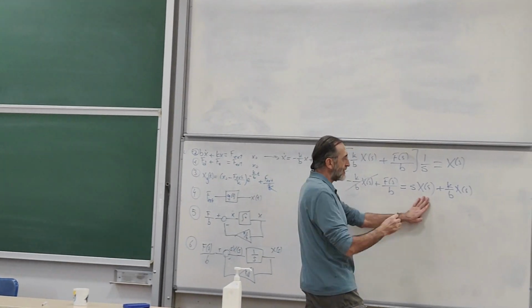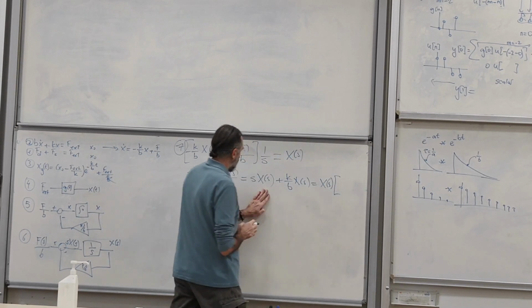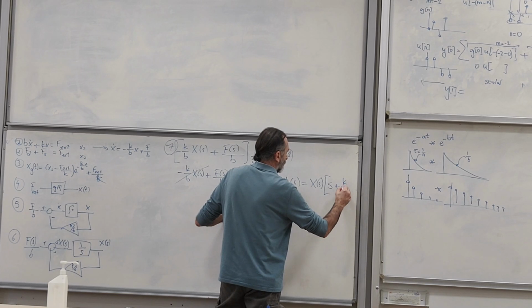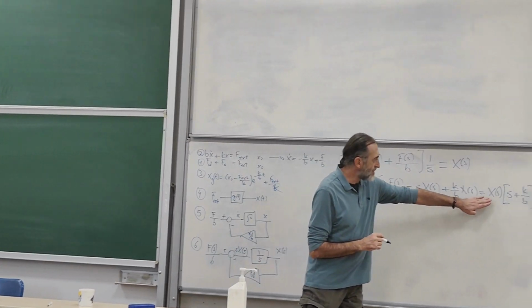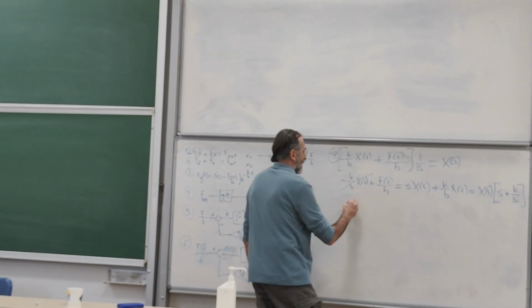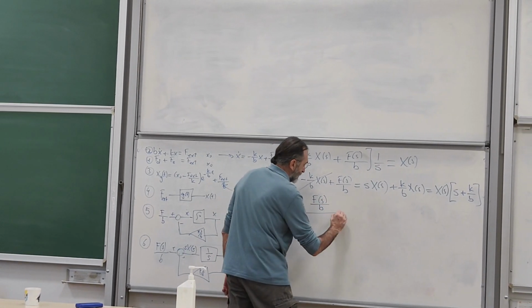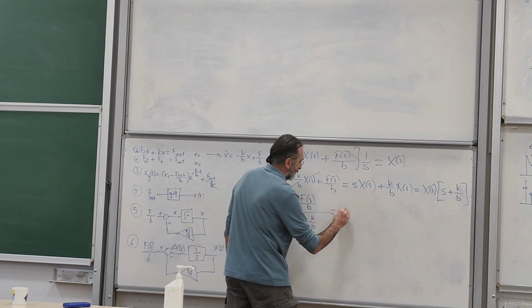And then I take X of S in parentheses. What have I left? S plus K over B. Okay? Now I want to find X of S. So I divide everything by this. F of S divided by B, divided by S plus K over B, is equal to X of S.